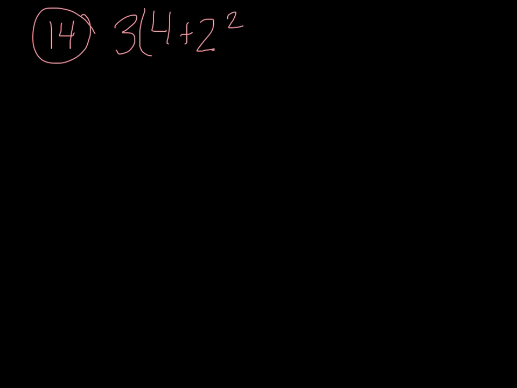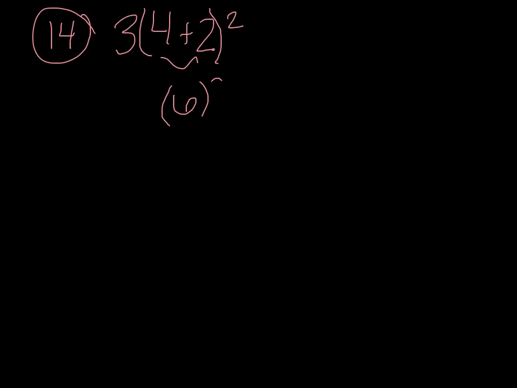All right, let's look at number 14. Number 14 says 3 times the quantity of 4 plus 2 squared. And we need to simplify that. Okay, oops, I forgot my other parentheses. So that means we need to follow, please excuse my dear Aunt Sally, starting off with parentheses. 4 plus 2. So I need to write 6.